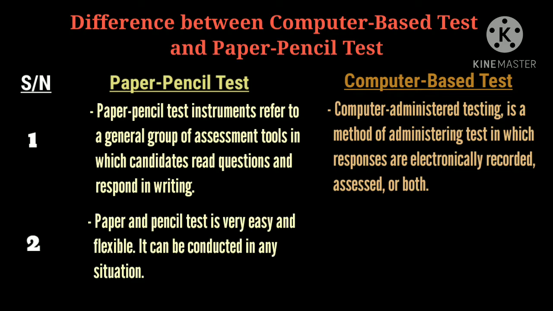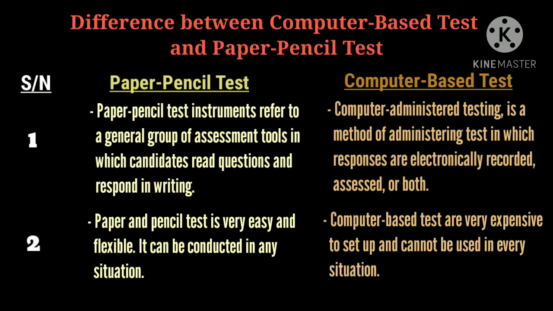So number 2, paper and pencil test is very easy and flexible. It can be conducted in any situation, while computer-based tests are very expensive to set up and cannot be used in every situation.